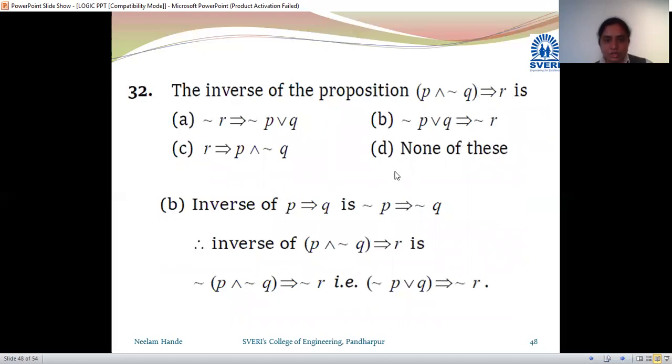So negation of this statement is nothing but as there is and in between, negation of and statement, negation of first or negation of negation Q, it will be Q implies negation first. So your correct answer is B. Correct one is B. Remember, this is called the inverse. Negation on both sides.